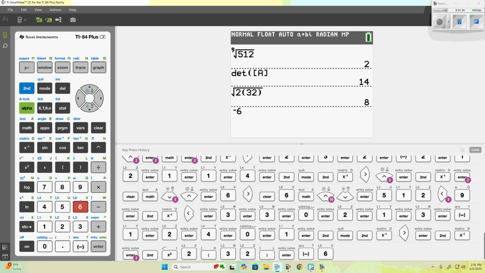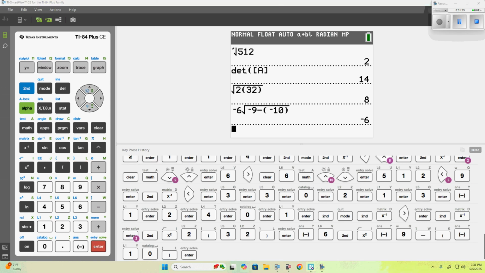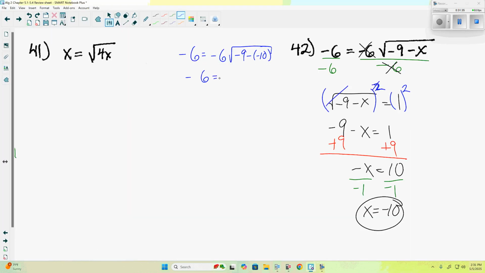Negative 6, times square root, negative 9 minus negative 10 is negative 6. So negative 6 does indeed equal negative 6. Questions on 41?